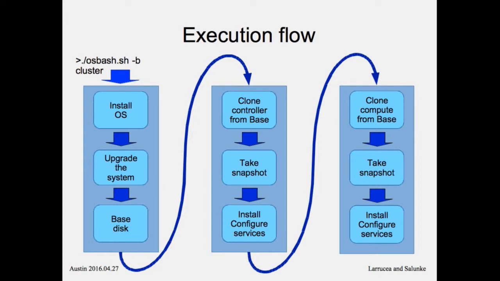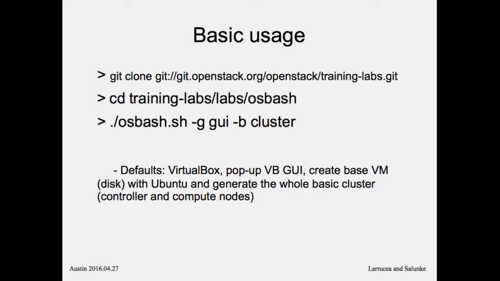And at the end we have the OSbash cluster, which is basically a very open standard based OpenStack deployment on multiple nodes, and you can start playing around with it.